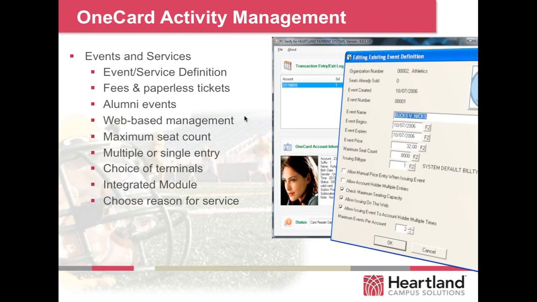So within OneCard Activity Management, what you'll do is use our event module. You utilize that to define any type of event or service. It'll allow you to utilize paperless tickets and charge fees for attending events as need be. Additionally, they don't have to just be student events. Perhaps you have alumni events on your campus.